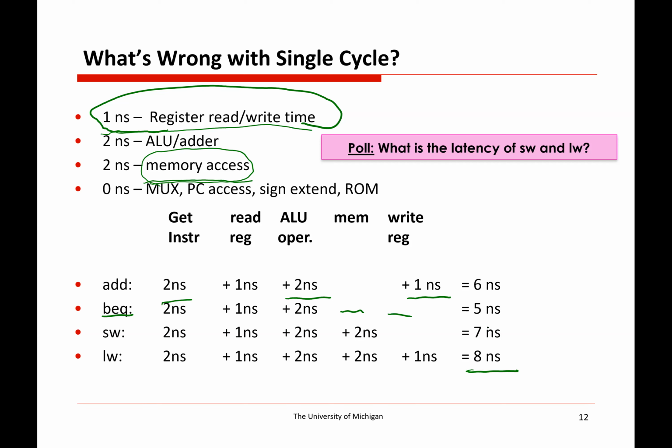Even though here it's only a difference of 2 or 3 nanoseconds between the fastest and the slowest, in real architectures it's probably going to be more exacerbated. And the key is that we're always just going to have to set this to 8 nanoseconds in this case, because it doesn't matter even if we're doing 90% branch instructions and only the occasional load word, we have to accommodate the worst case scenario.